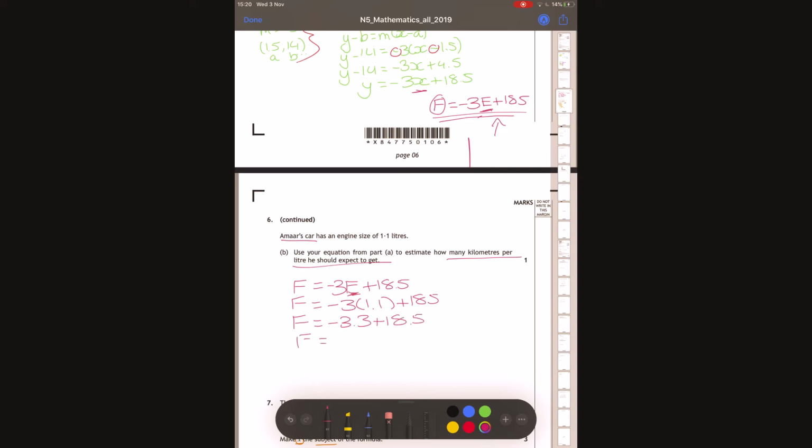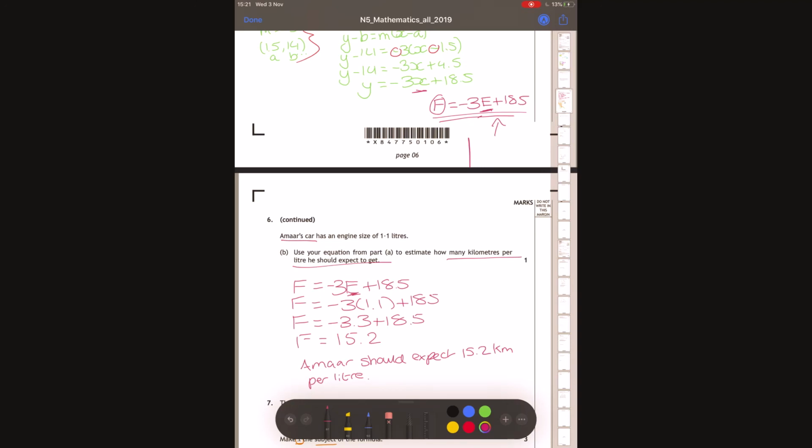Actually, quick tip, the way I would do this is I would do 18.5 take away 3.3, which I know is 15.2. You can do that because I know it's going to be positive. So, Amar should expect to get, I would probably write a sentence here, 15.2 kilometres per litre.